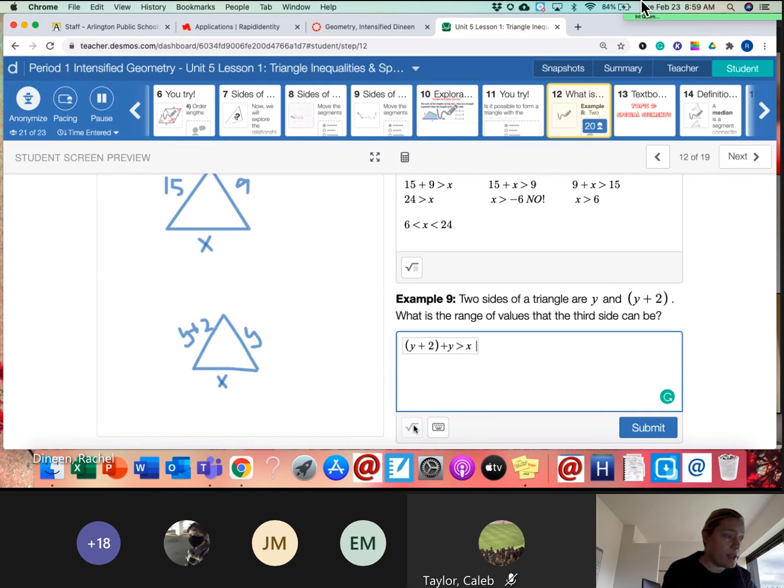I'm just doing my 3 scenarios. I have x plus y is greater than y plus 2. It doesn't matter the order. You just need to make sure you hit all 3 scenarios. Then the last scenario would be y plus 2 plus x is greater than y.